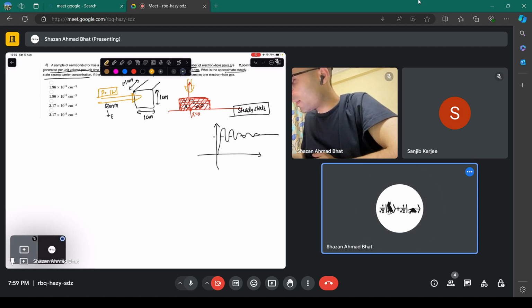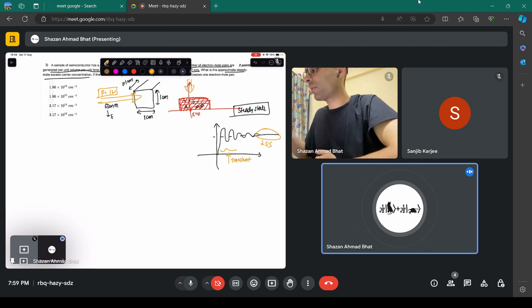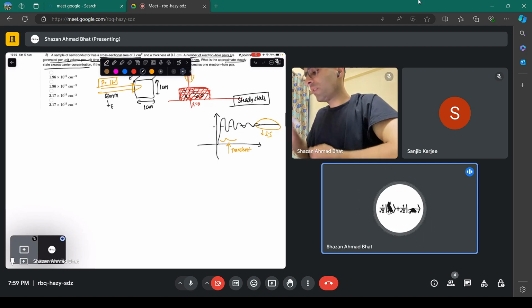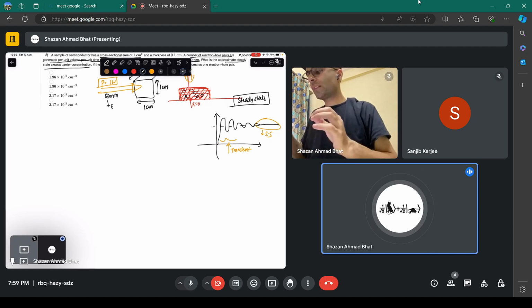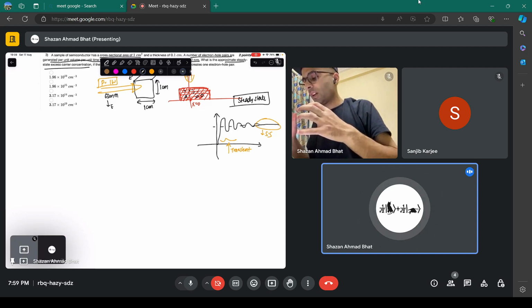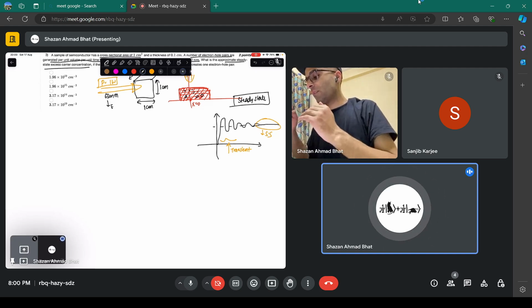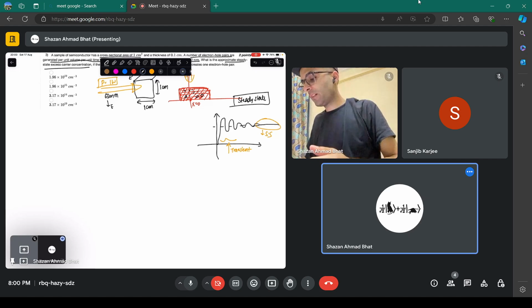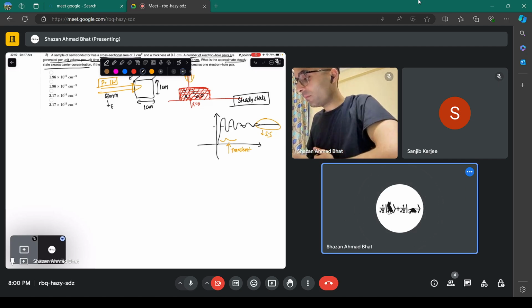This level is called steady state, and this region is called transient. Transient means there are changes happening with respect to time. So steady state is when you give some light to the system, then wait for some time for the system to settle, to reach a level where there are no variations happening with time. That's called steady state. It's with respect to time.